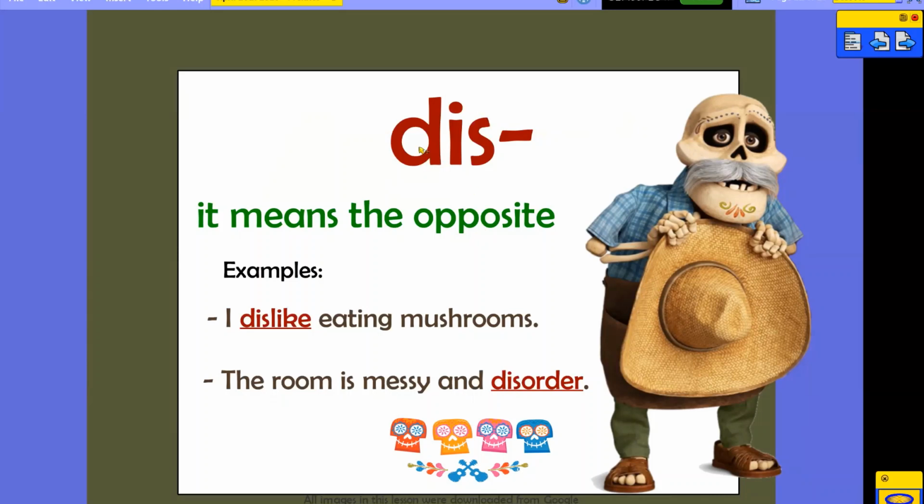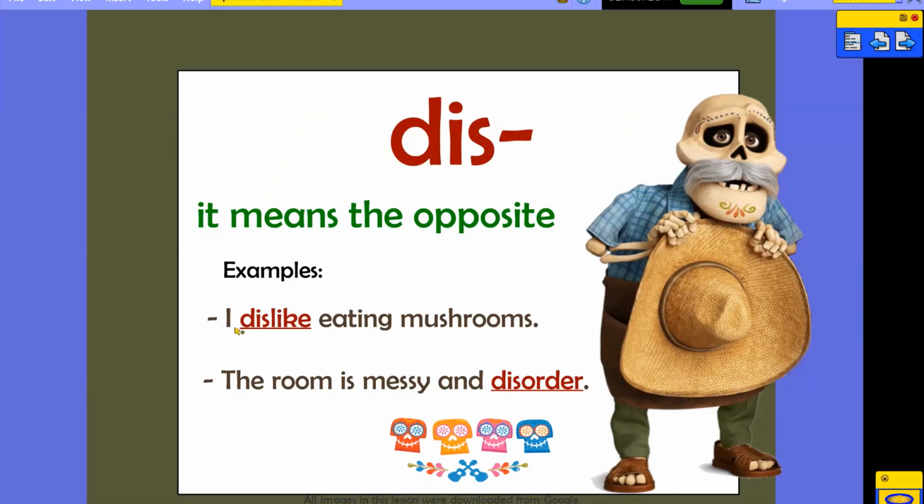But if I add only these 3 letters, I'm going to change the entire meaning and it will mean the opposite. What is the opposite of order? Disorder or not organized. Which is easier to say, not organized or disorder?